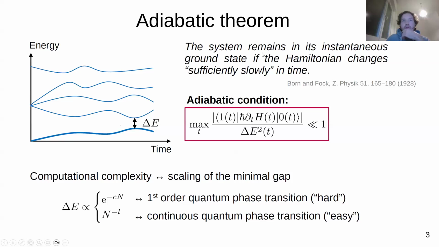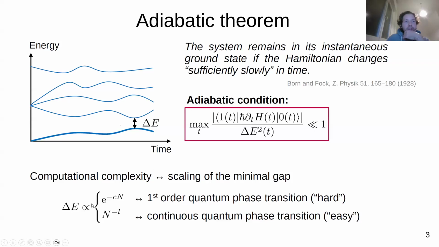How slowly do we have to tune the parameters? This is roughly given by the adiabatic condition, which tells you that if delta E, the minimal energy gap encountered during the annealing protocol, is small, then the time that I have to run my annealing protocol has to be large. Also, this matrix element usually scales only polynomially, so the adiabatic runtime is usually determined by the energy gap of the problem.